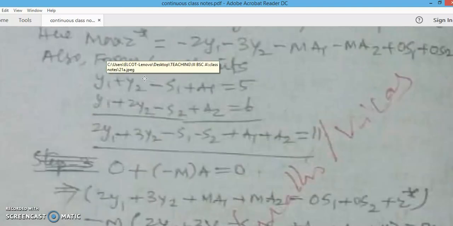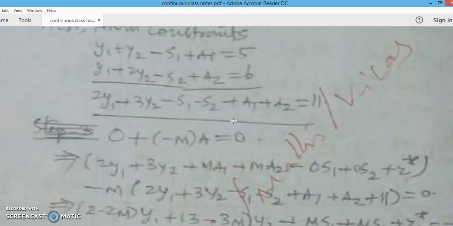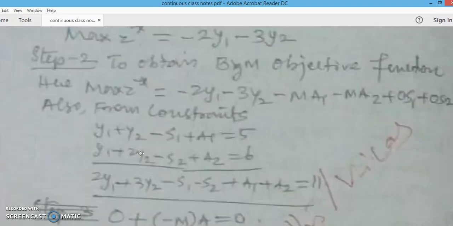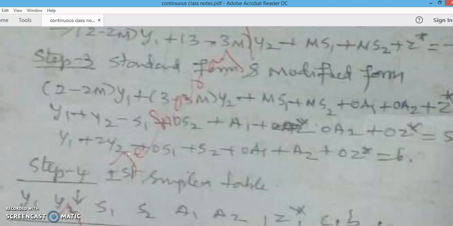See here: y1 plus y2 minus s1 plus 0 s2 plus a1 plus 0 a2 plus 0 z star is equal to 5. That's this constraint, and this constraint is y1 plus 2y2 plus 0 s1 plus s2 plus 0 a1 plus a2 plus 0 z star is equal to 6.